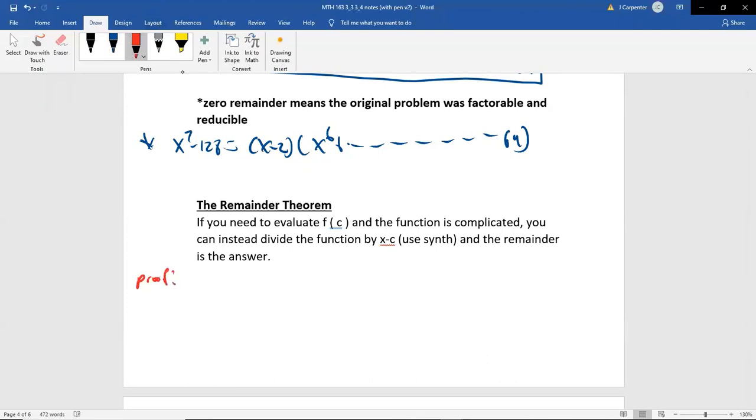So back when we showed our original division, we said, let's say we had some top, which I'm going to call f of x, and we divide it by x minus c. This is going to be equal to whatever your quotient is plus whatever your remainder is over x minus c.